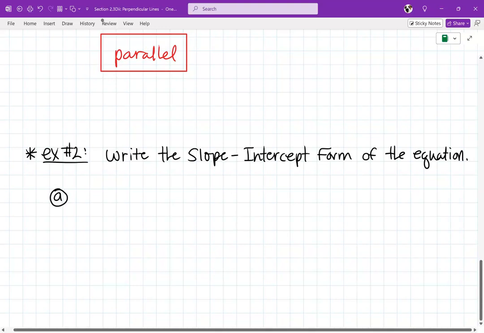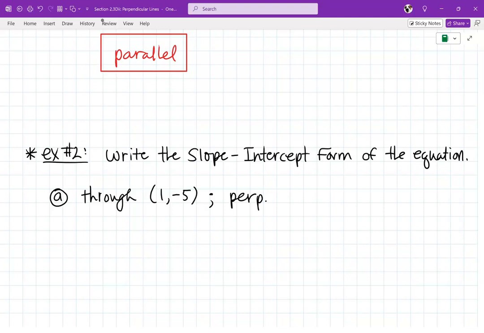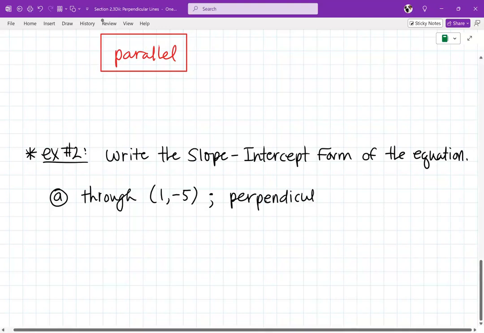So we'll do 2 of these, and then I'll give you guys your homework. So it's going through (1, -5), and perpendicular. Now, you're going to notice in your homework, it's going to say perp. But it does mean perpendicular. So I'm just going to write it out.